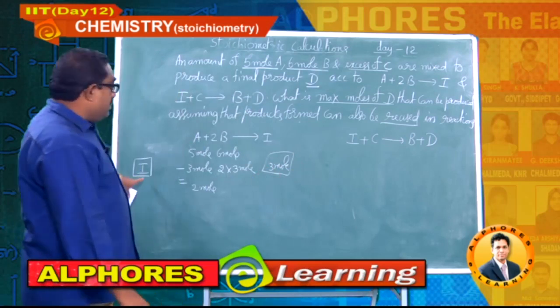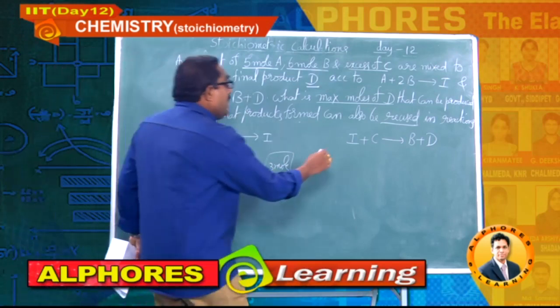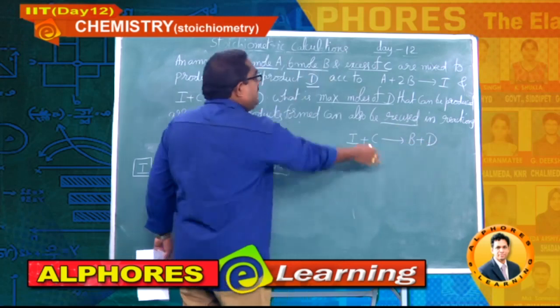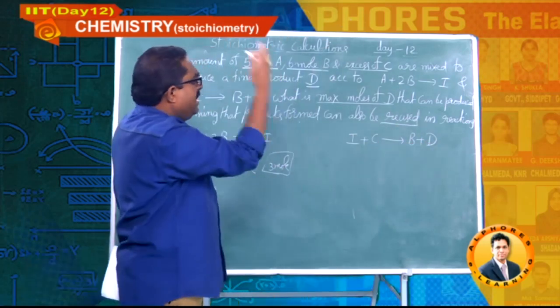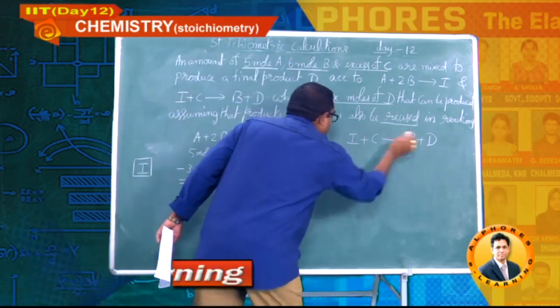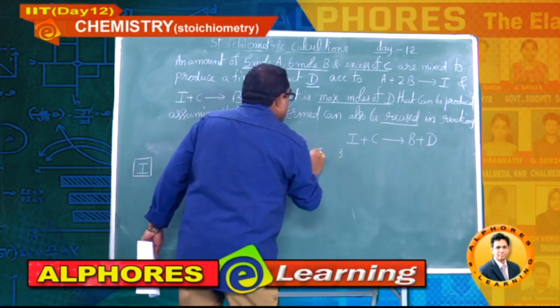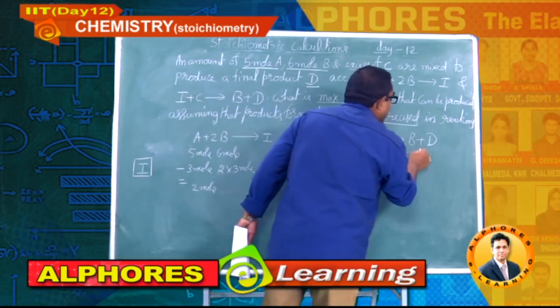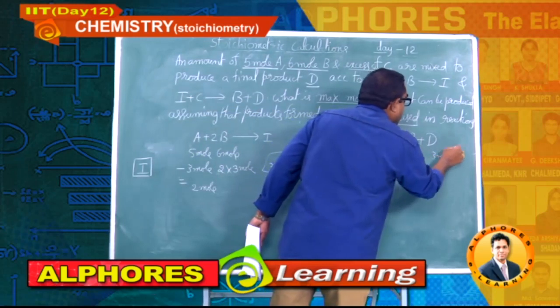First step 3 mole. So here 1 mole of I gives 1 mole of B and 1 mole of D. C is in excess, no need to bother about that. 1 mole gives 1 mole, 1 mole. So in the first stage 3 mole gives B 3 mole, D also 3 mole.